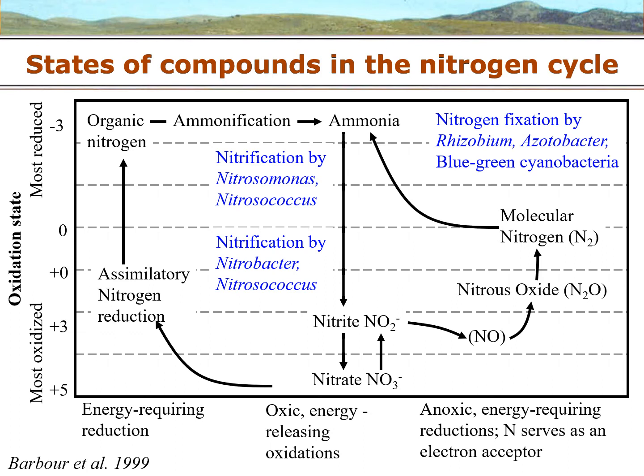Anyway, these organisms, the diazotrophs, take the nitrogen in the air to ammonia, which is the reduced form of nitrogen that's available to plants, and then that can be oxidized by other organisms, Nitrosomonas and Nitrosococcus, and further into nitrate by Nitrobacter and Nitrosococcus.